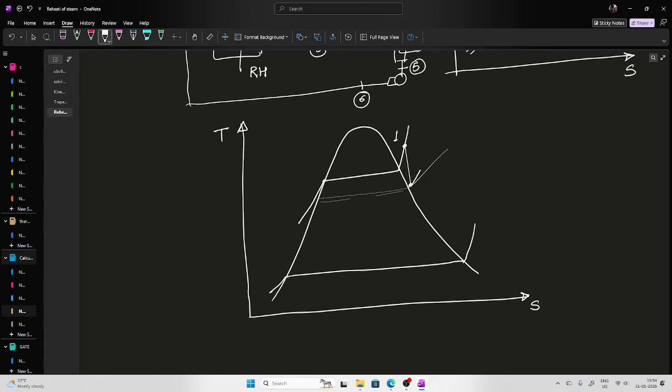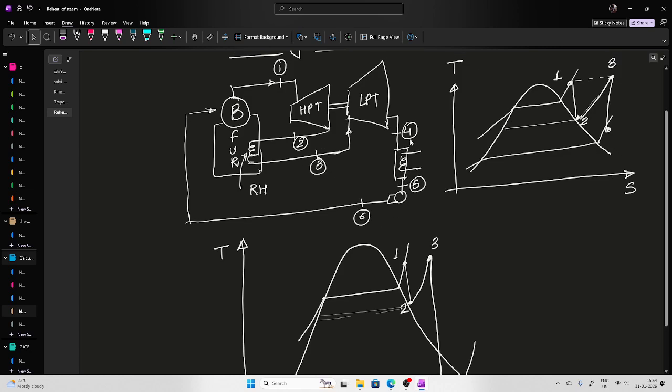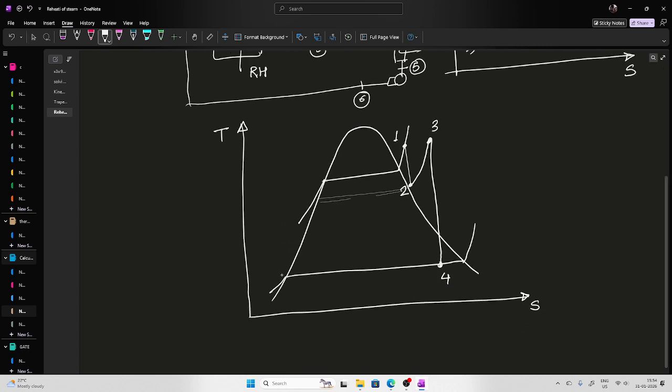Okay, and then you further heat it up to, let's say, this is 2, then this is 3, and then you expand, and you will be arriving at point number 4. So this is basically your point number 4. Then 4 to 5 is the condensation process, and then 5 to 6 is pumping.